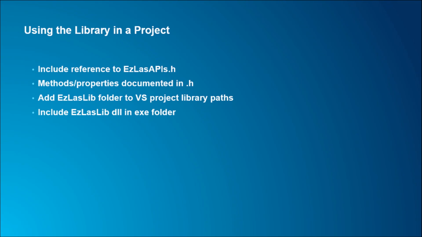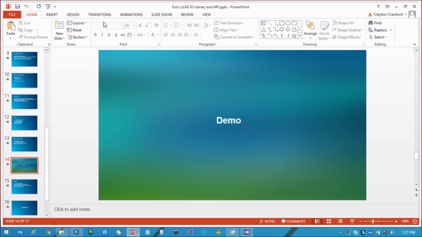And then you need to make sure the DLL, the binaries, are in the same folder as the exe that you're building in order to be able to compile and link and be able to access and use that library. So let me break out and show you some of this stuff.